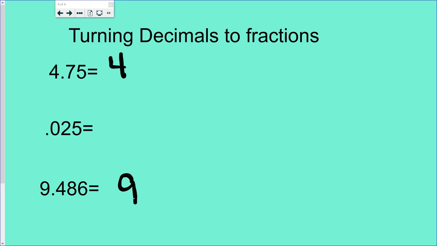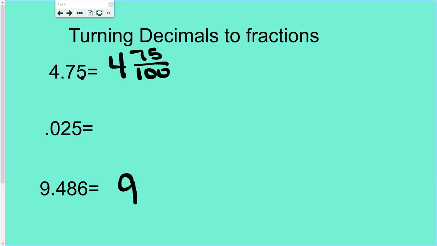Now the next part is the fraction. I have 75. I'm going to write it there. And I'm in the hundredths column. Because I'm in the hundredths column, I'm going to write 100 on the bottom. That would be the same as like $4.75, or 75 out of a dollar.